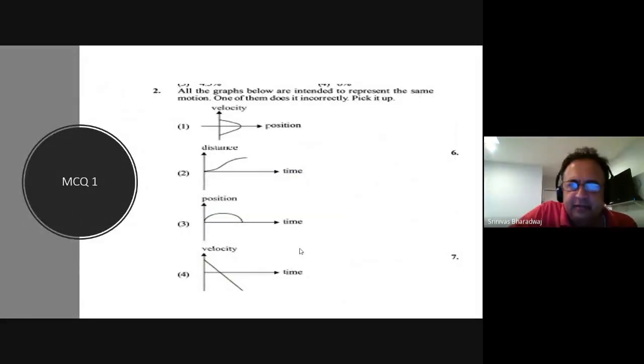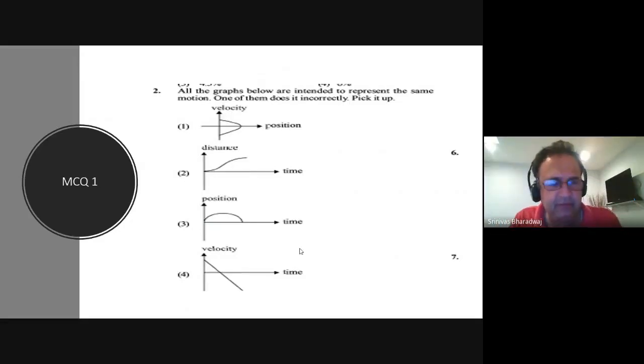So now this question, okay? See, this is a typical JEE question. All the graphs below are intended to represent the same motion. One of them does it incorrectly. So he's saying if you draw the V versus T curve, the A versus T curve, the P versus T curve, the distance versus T curve, etc., all of them, one of these somehow has gone wrong.